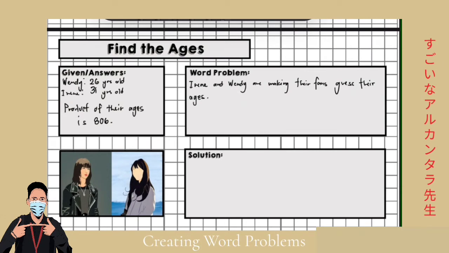So what's next here is we will create a relationship of their age. Since Irene is 31, Wendy is 26, we can say that Irene is 5 years older than Wendy.